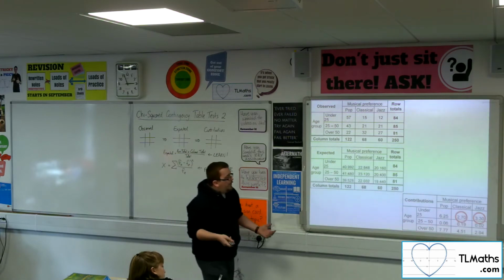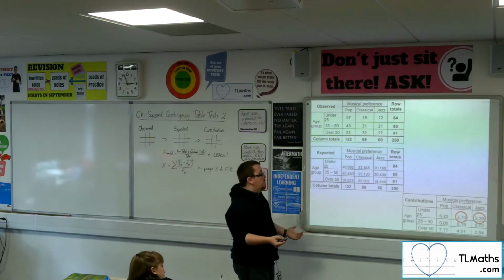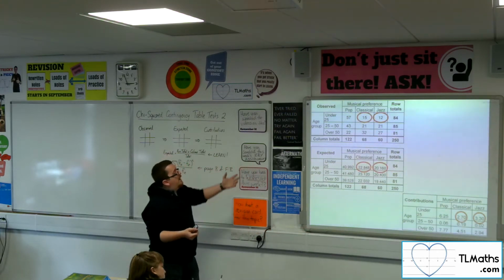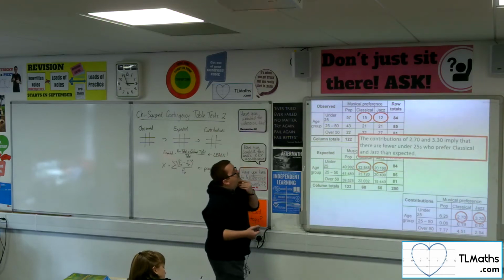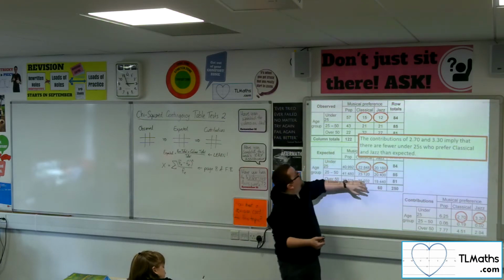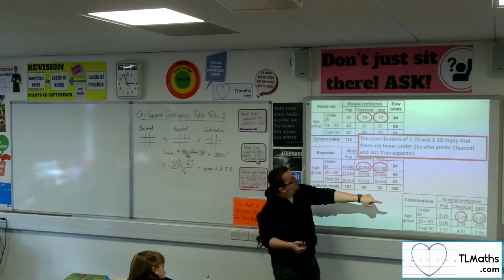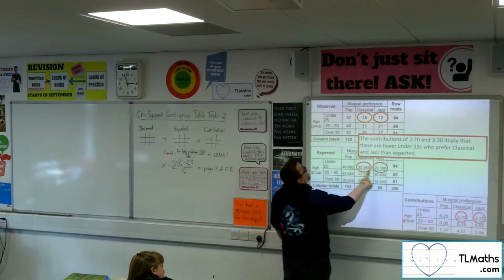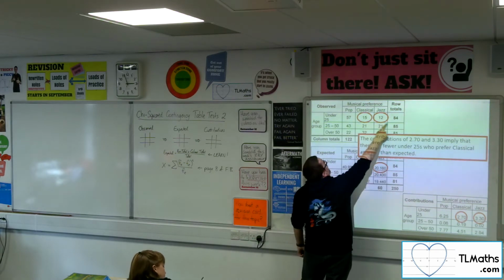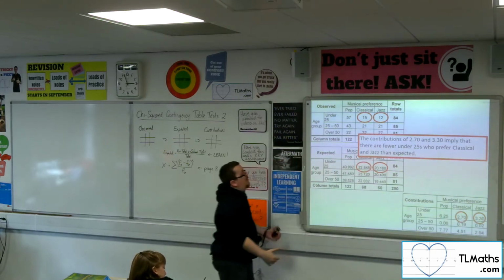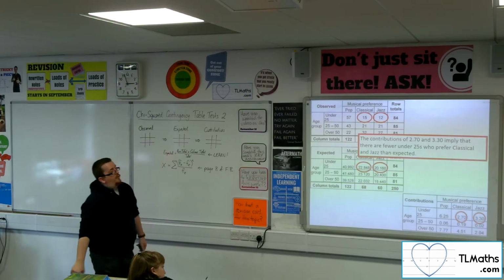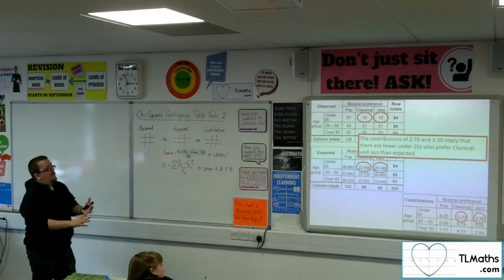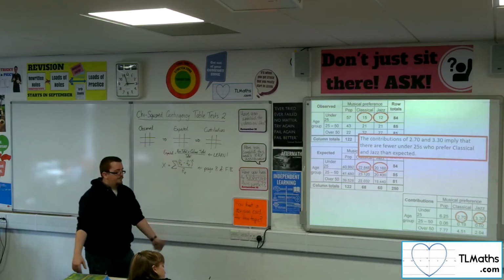What about the 2.70 and 3.30? They go with these here, and you can see that the contributions of 2.7 and 3.30 imply that there are actually fewer under 25s, because we expected this, but we got that. So we actually observed fewer than were expected under 25s who liked classical and jazz.